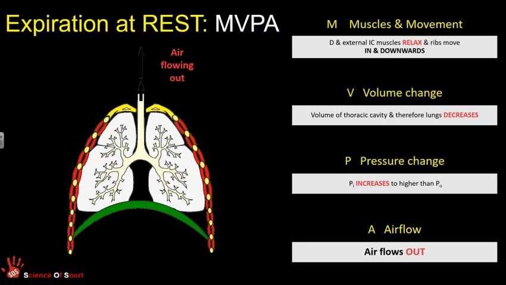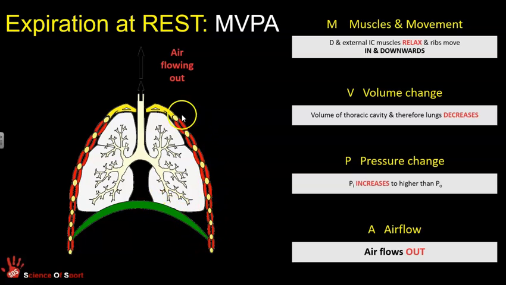All that really happens in order to move air out is those respiratory muscles relax. Because logically, if our external intercostal muscles stop contracting, then the ribcage will go back down and in. If our diaphragm stops contracting and flattening, then it will return to its relaxed, dome-shaped position.